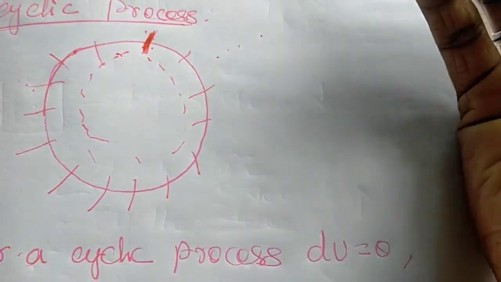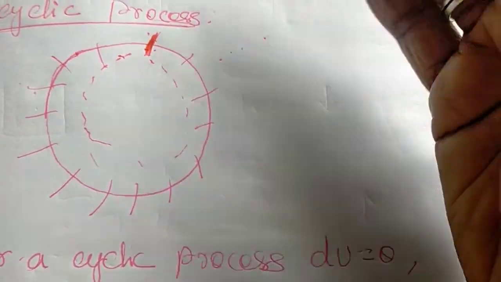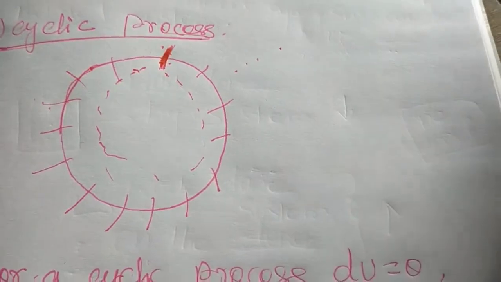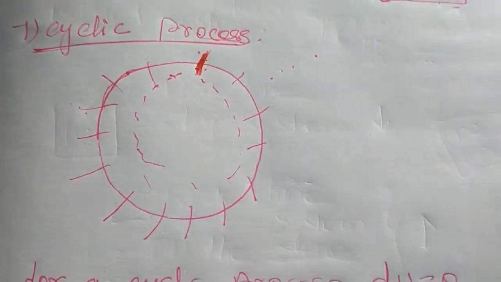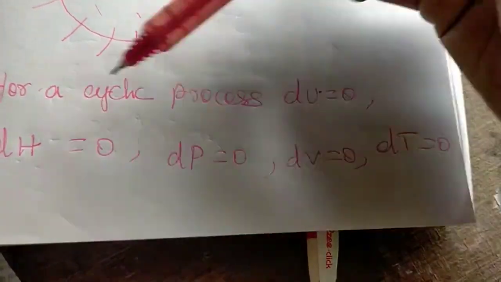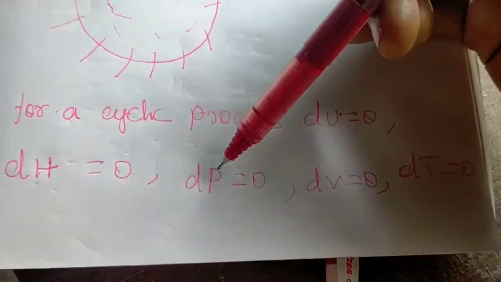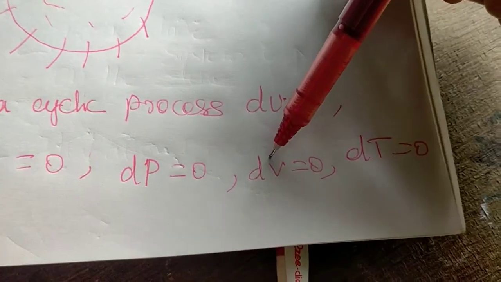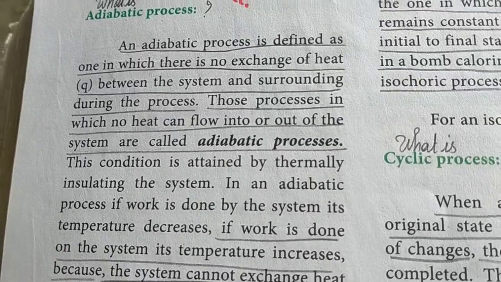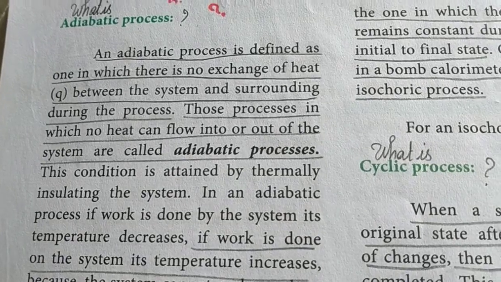You will not find any changes. That type of process is known as a cyclic process. So in the cyclic process, there is no change in internal energy, enthalpy, pressure, volume or temperature.